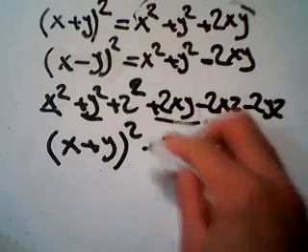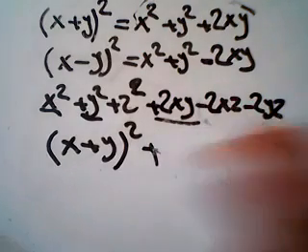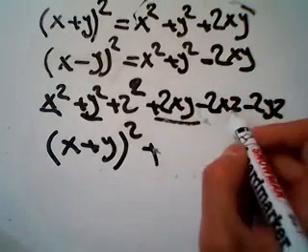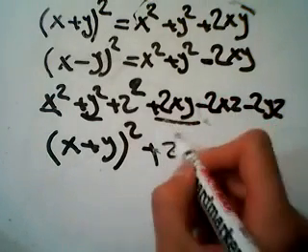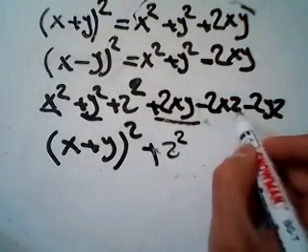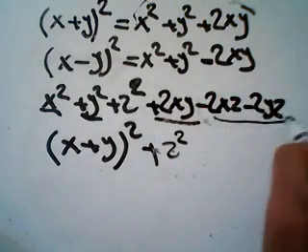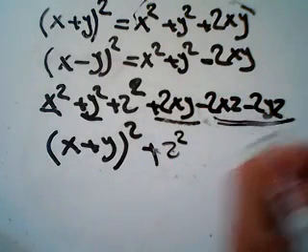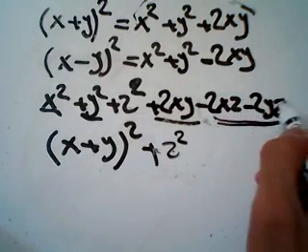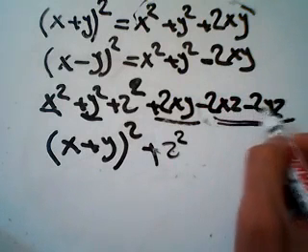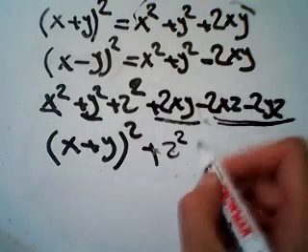Let me write it this way. If you write this z squared here, and write these two, which have a common term in them, that is minus z.